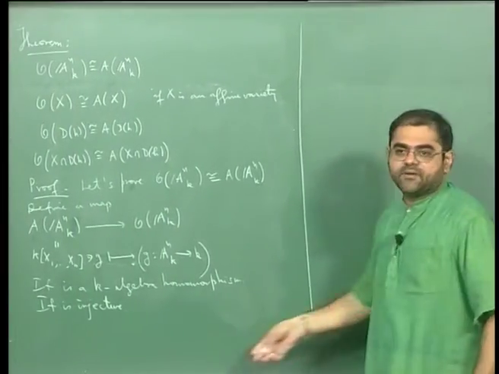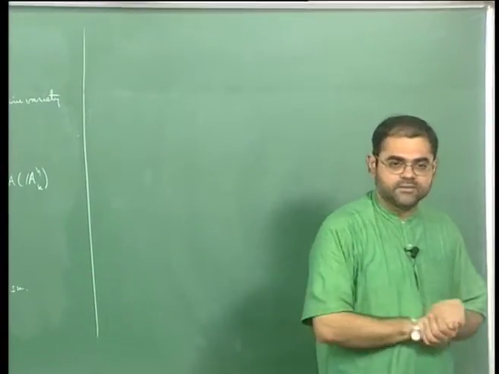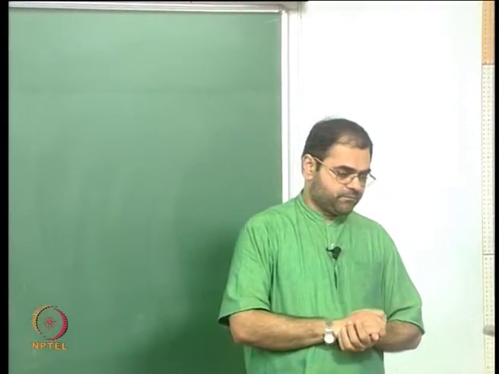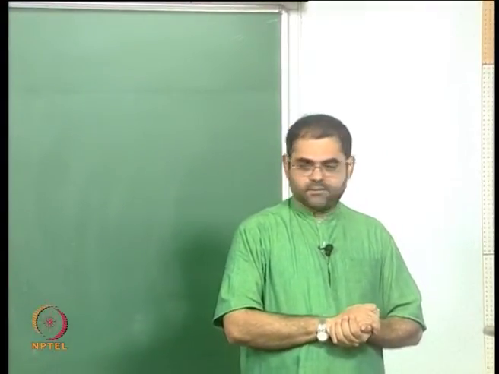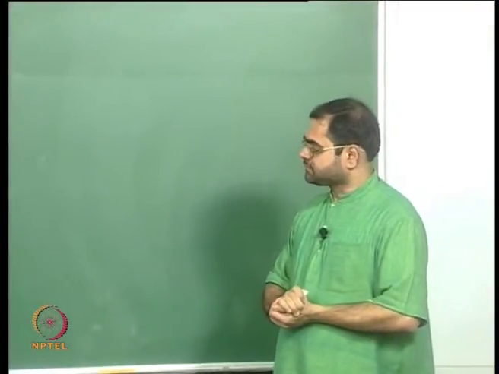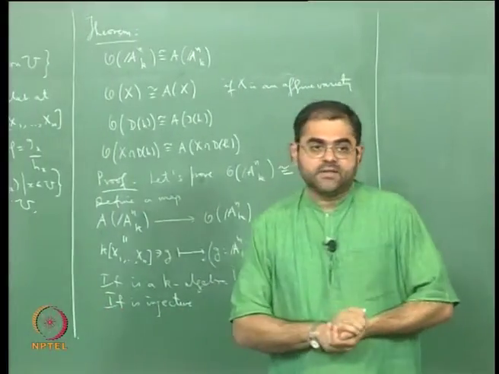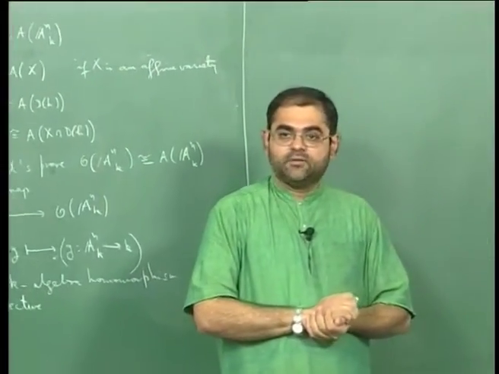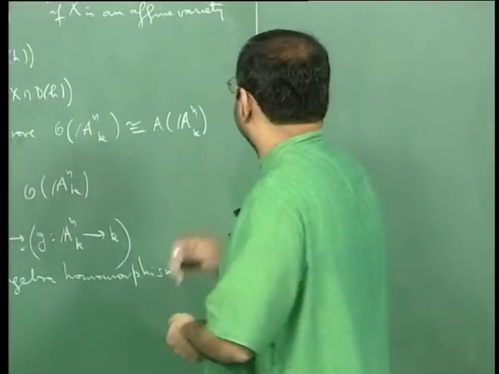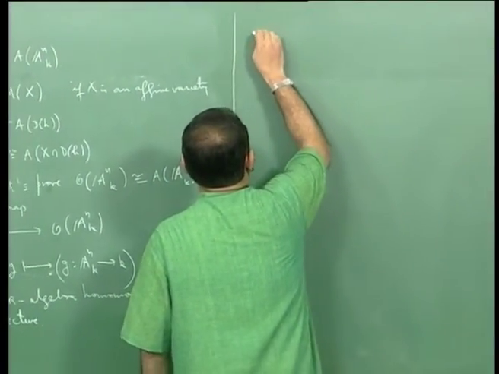That is where a little bit of commutative algebra will come in, and you will recognize what is going on if you have done an earlier course in commutative algebra, where you have proved the quasi-compactness of the Zariski topology when you take the prime spectrum of a ring, okay. So let me do this. It is surjective.